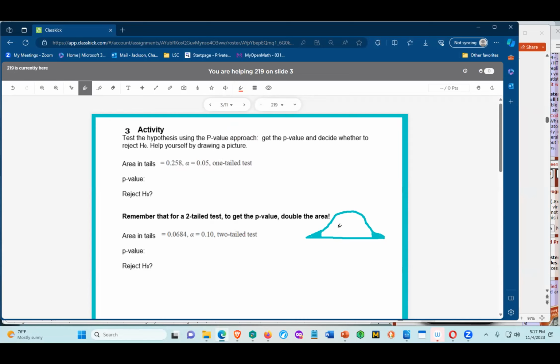But in a two-tailed test, it's the sum of the areas in the tails, which is equal to the p-value. So that will be the 0.0684 divided by 2, which is 0.0342. Same in the left tail.